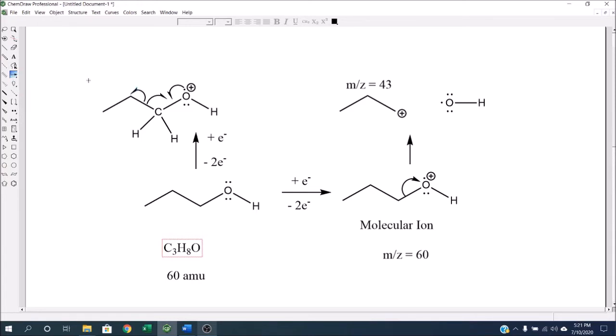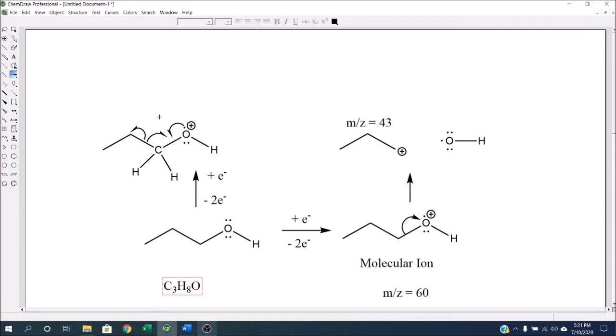The products of this particular step are going to look like this. We're going to end up with an ethyl radical right here. And this is not a highly stable compound. So ethyl radicals are better than primary carbocations, but not great in and of themselves. It doesn't like giving me a single line here, but that's just a ChemDraw style issue.